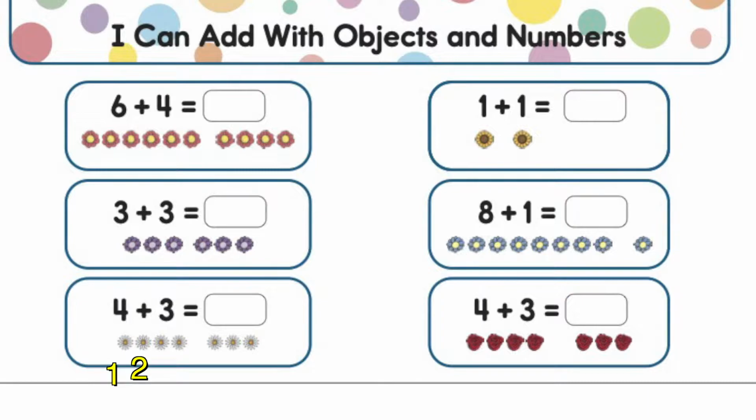All right, so we have 1, 2, 3. 3 changed colors. And 4. So 1, 2, 3, 4.